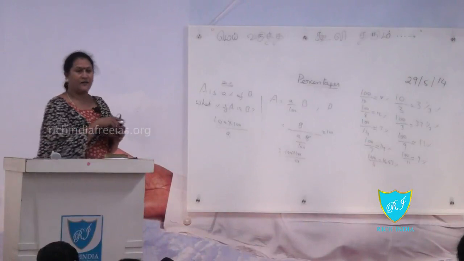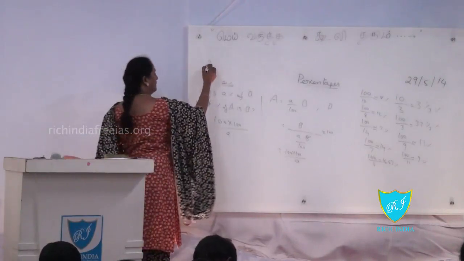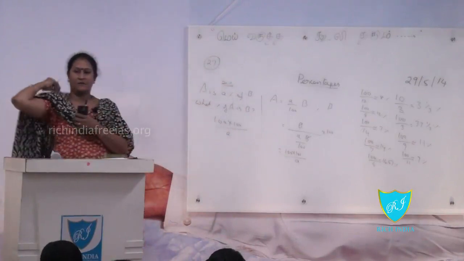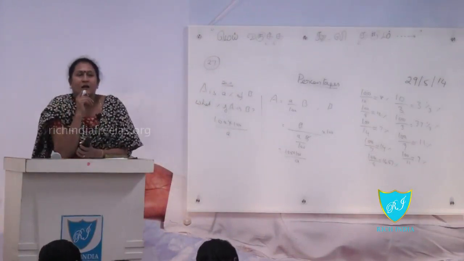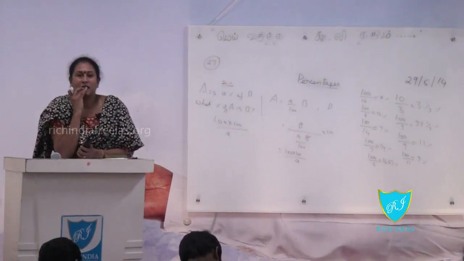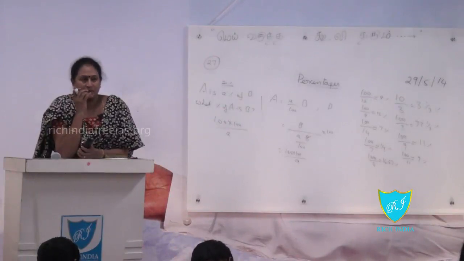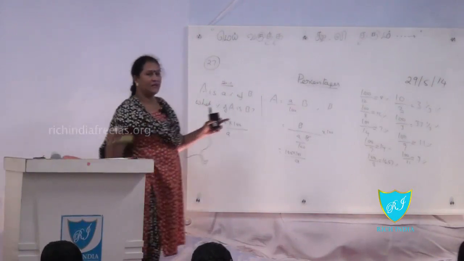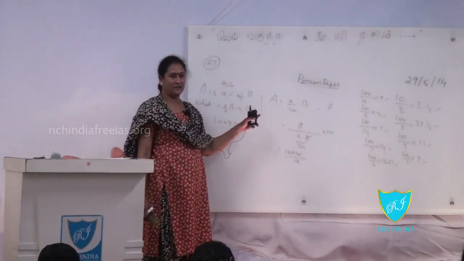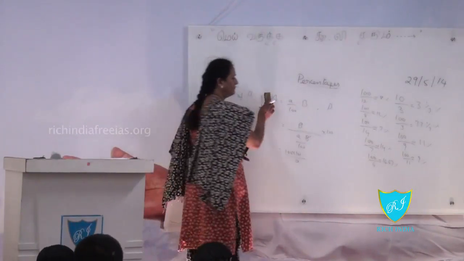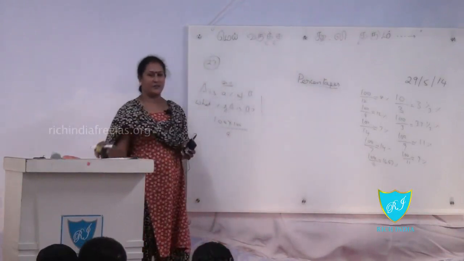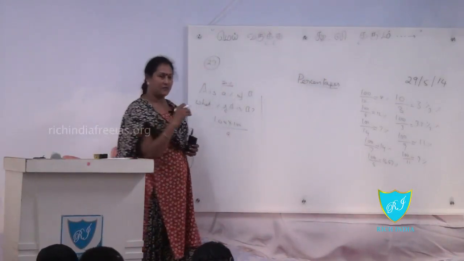And try the 27th question. Let us erase this. When A is 37% of B, what percent of A is B?